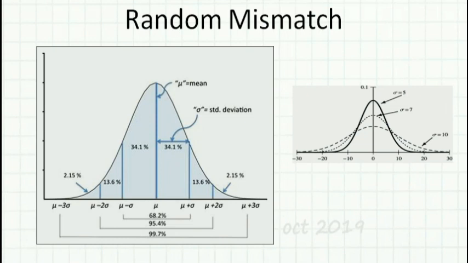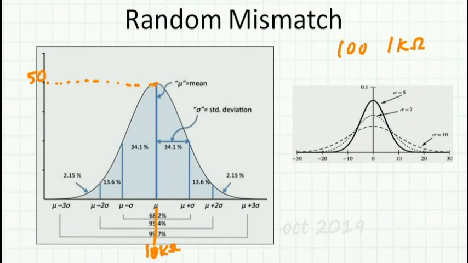Let's now look into what is known as random mismatch. Suppose I need to fabricate, say, 100 resistors of 1 kilo ohm. The resistors which actually get fabricated as 1 kilo ohm are, say, around 50 of them. So these all have the value of 1 kilo ohm.